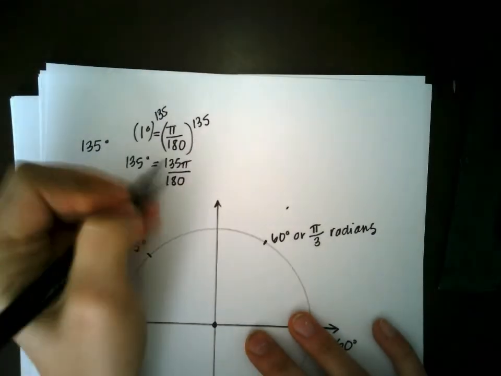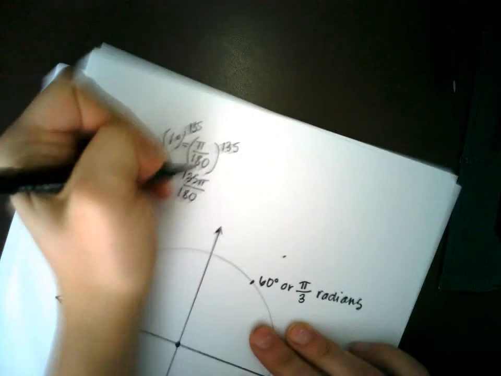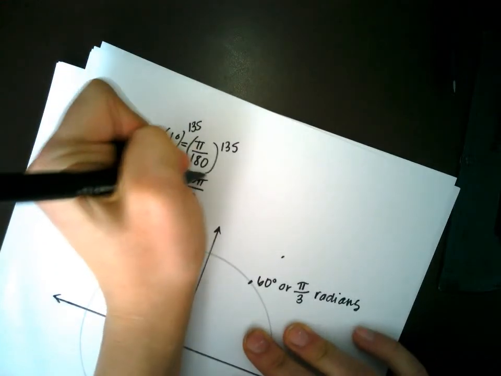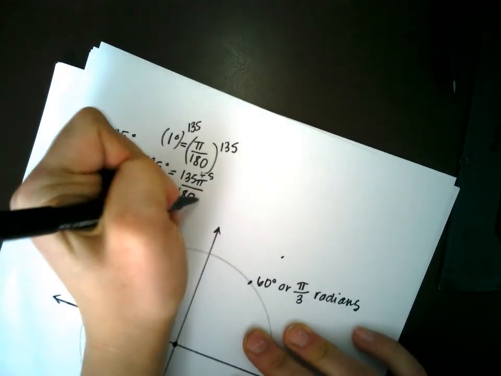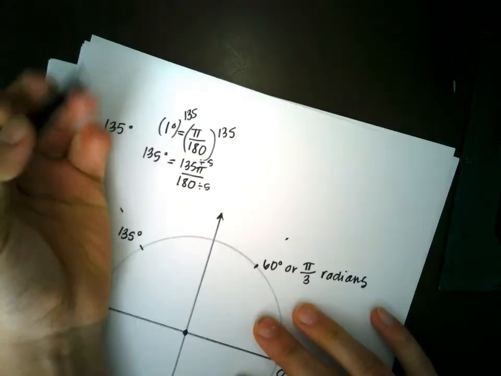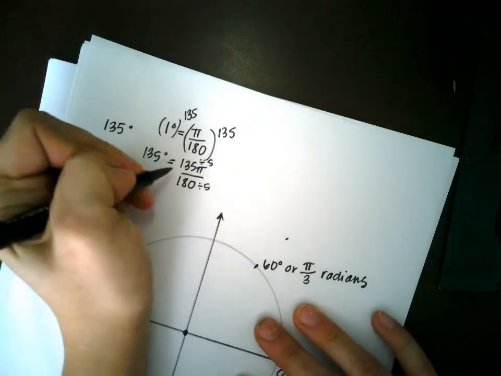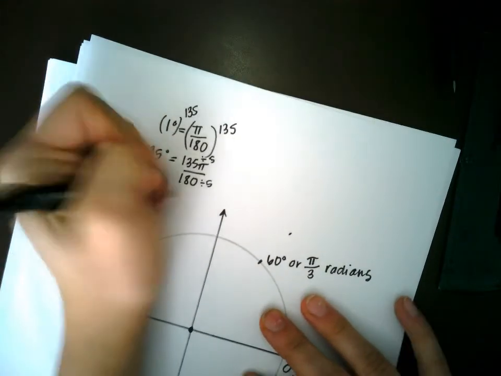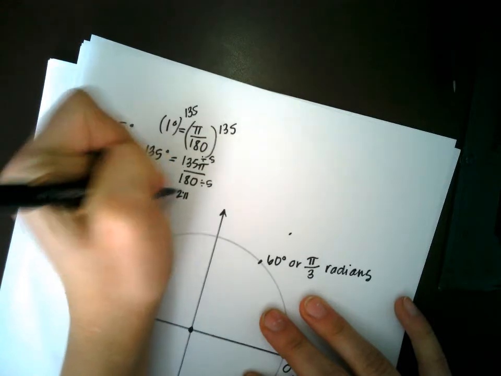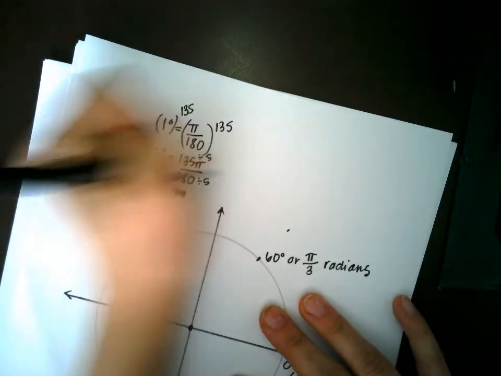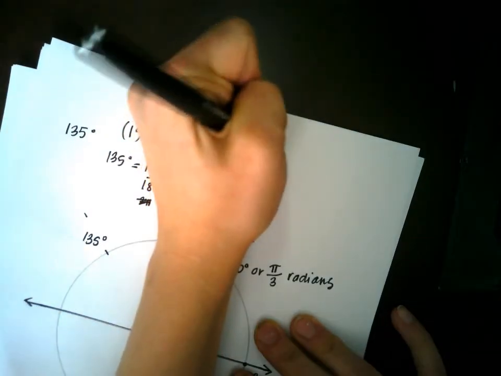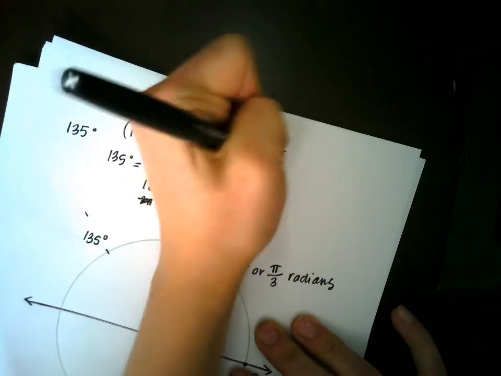And I'm going to reduce the fraction again. I will start by dividing both by 5 to see what I get. And that is 27 on top. I'm going to write it over here because I'm running out of space. So 135 is equal to 27 pi on top.